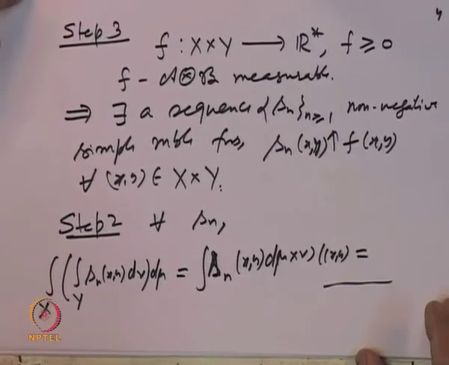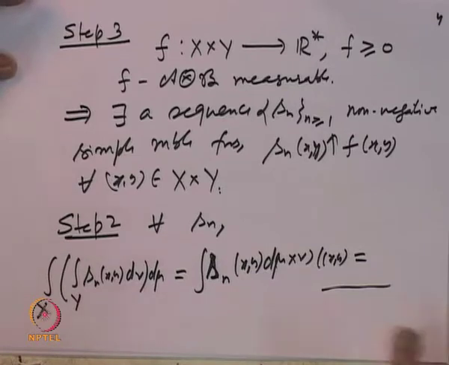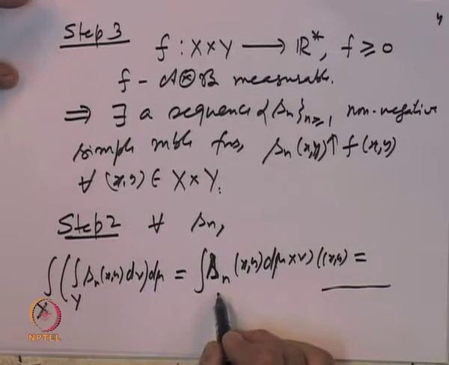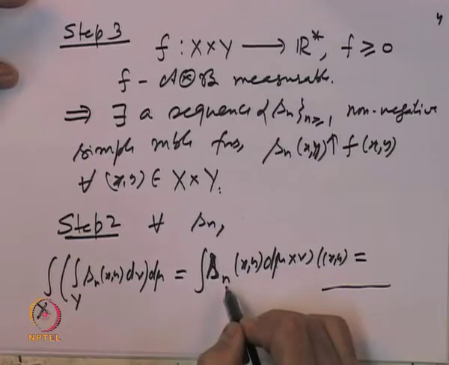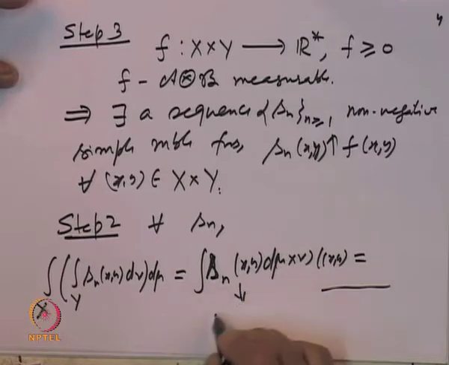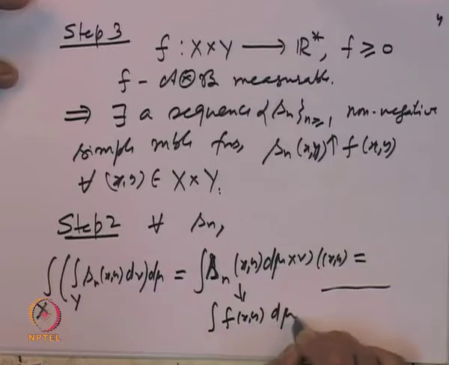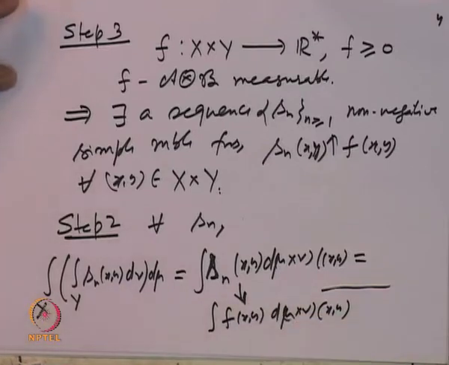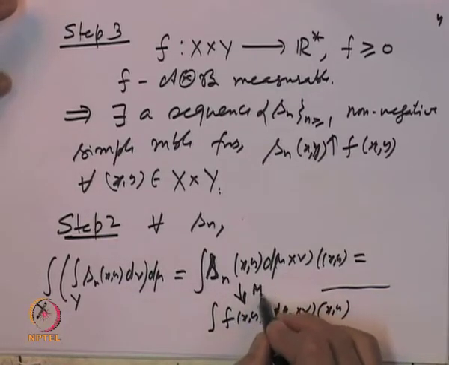Now, what we are going to do is observe the fact that for every s_n this result is true, and s_n is a sequence of non-negative simple measurable functions increasing to f. So, by the definition of the integral, this one converges to the integral of f(x, y) d(mu cross nu)(x, y).